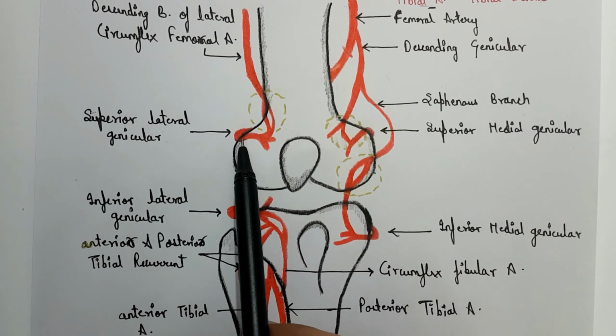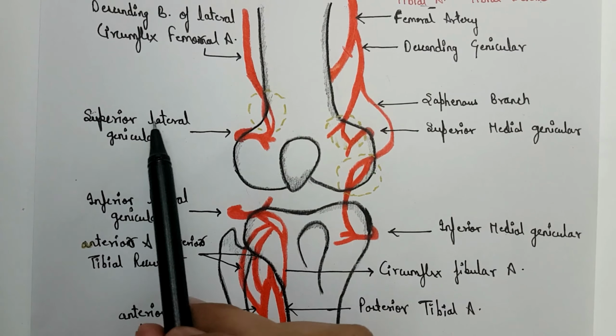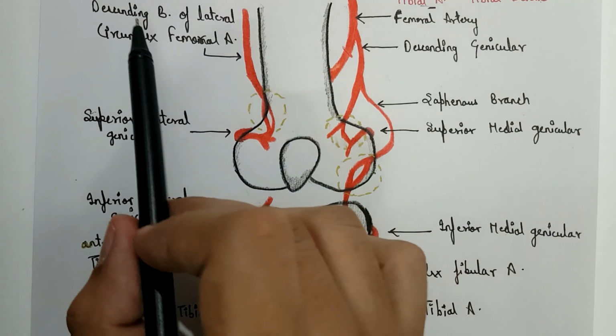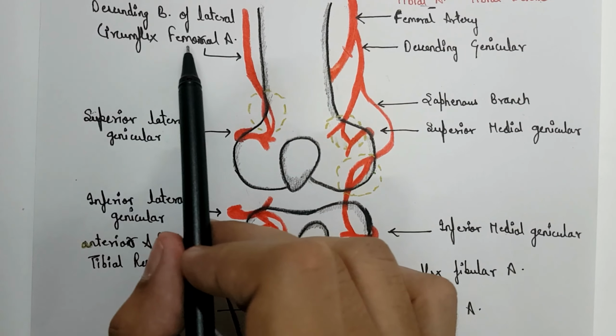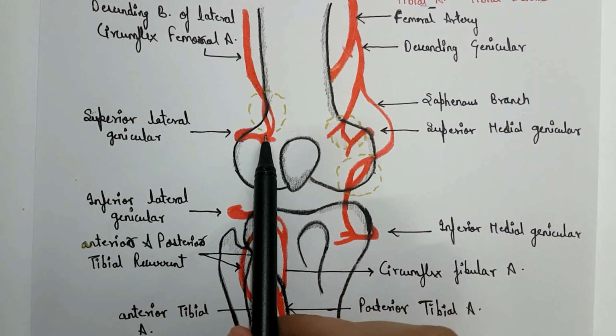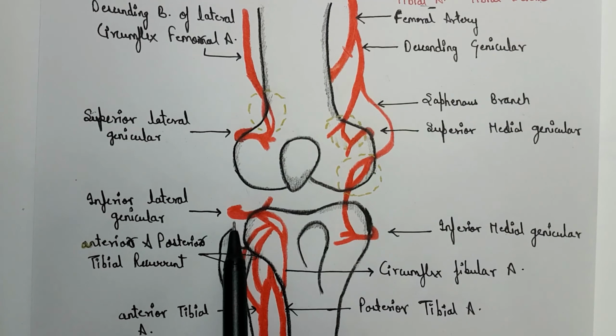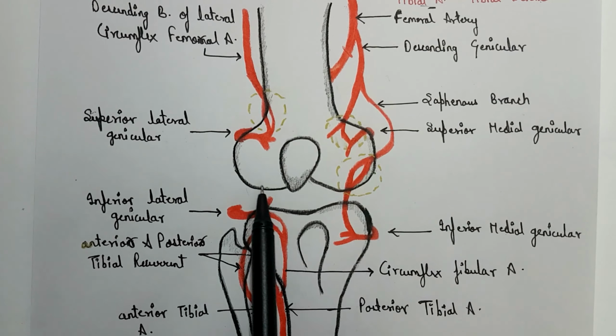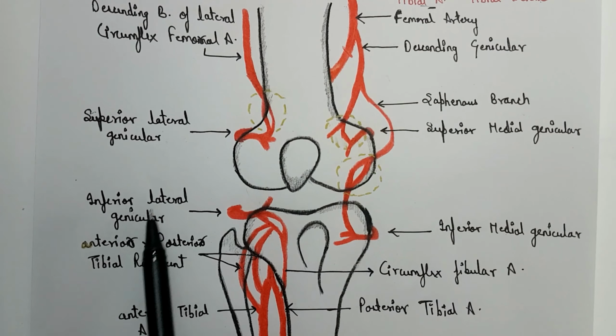Above the lateral condyle we have the superior lateral genicular, this one, and the descending branch of the lateral circumflex femoral artery, that is this one. There are 4 arteries involved below the lateral condyle, that is the inferior lateral genicular, anterior and posterior tibial recurrent, and the 4th one is the circumflex fibular artery coming from the posterior tibial artery.